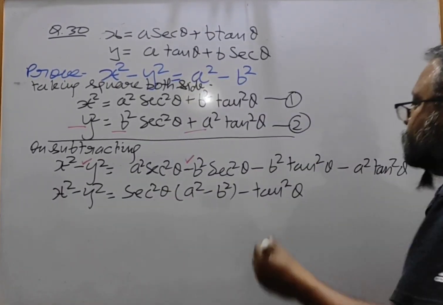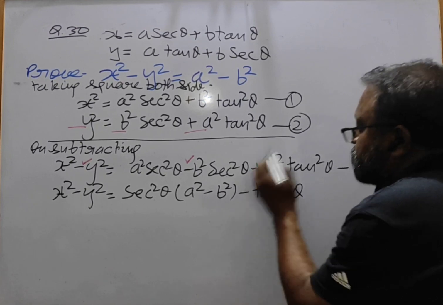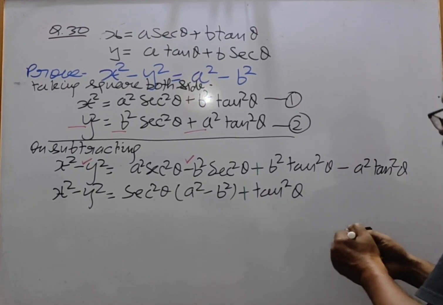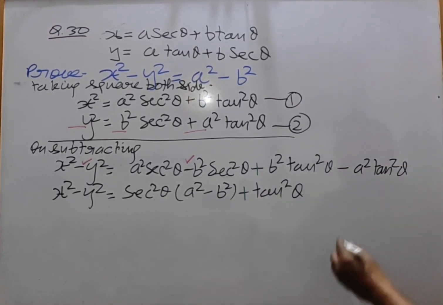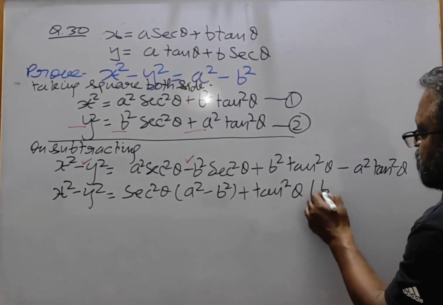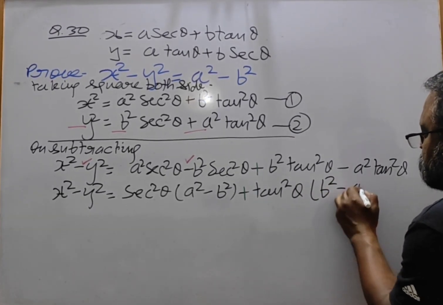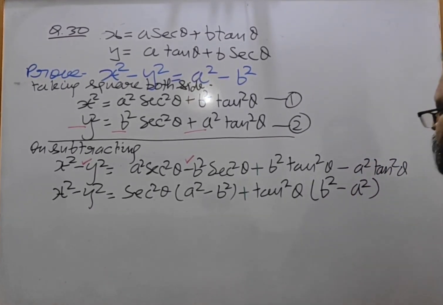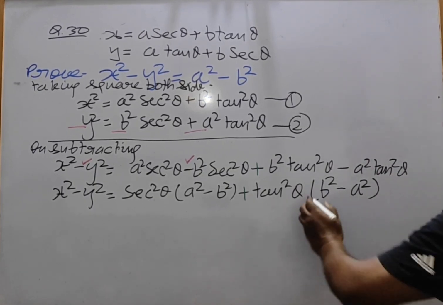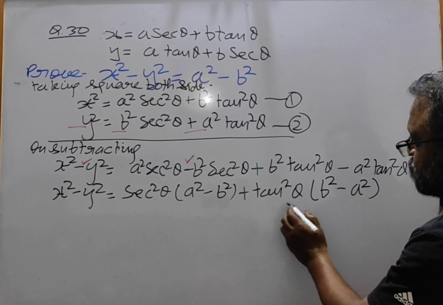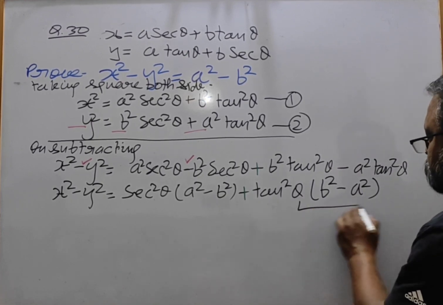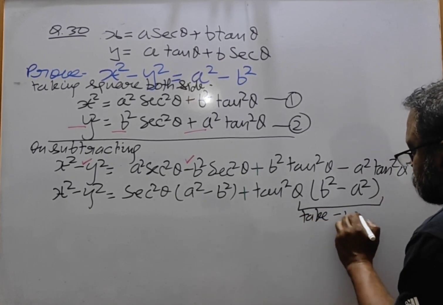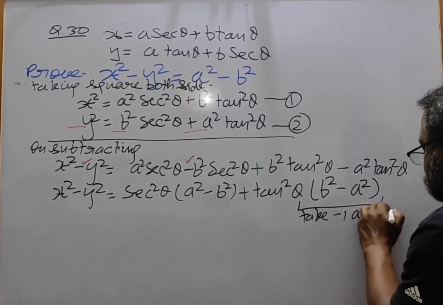I was a bit confused. This will be in plus, right? When it is in plus, we take plus here, and then definitely we get b square minus a square, right? Now we take minus 1 as common.